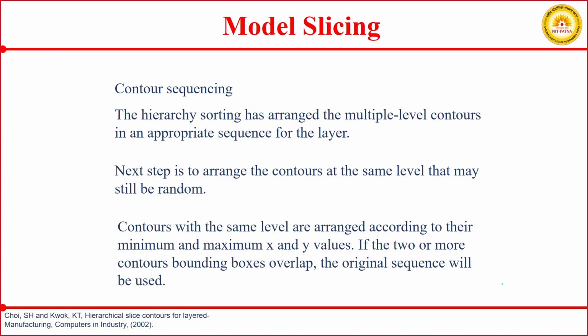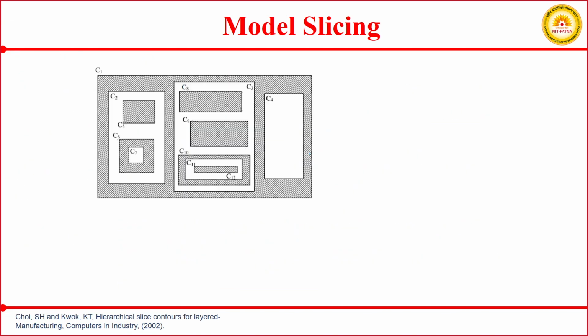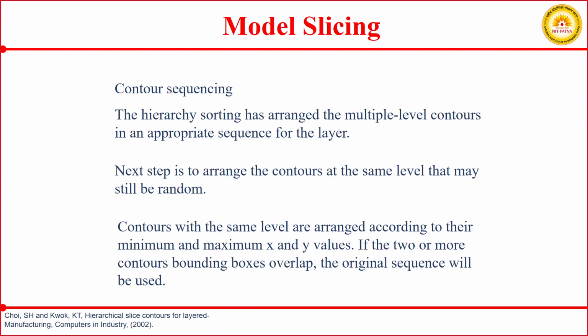Okay, so this is how your hierarchy sorting is done. In hierarchy sorting, we are arranging multiple level contours in an appropriate sequence for the layer. And in the case of contour sorting, the next step is to arrange the contours at the same level. That may be random.